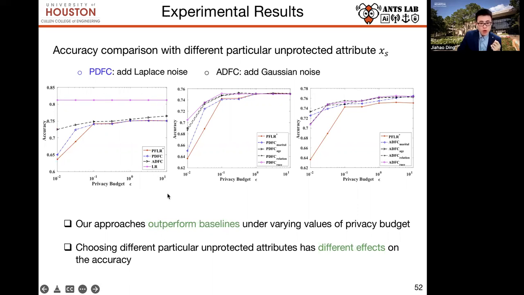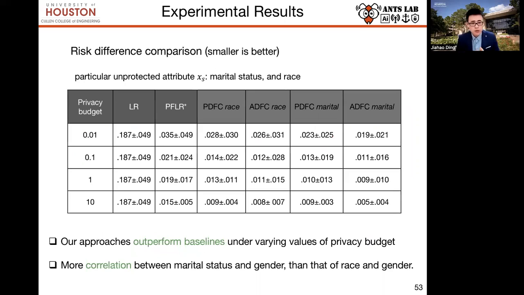We also evaluate the effect of choosing different particular unprotected attributes, for example marital status or age. We can see that choosing a different attribute has a different effect on the accuracy. Next I will show the risk difference comparison.